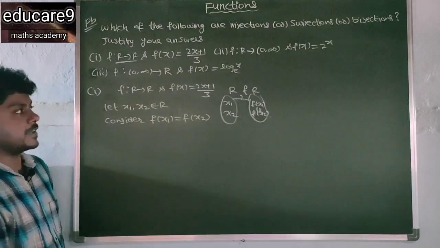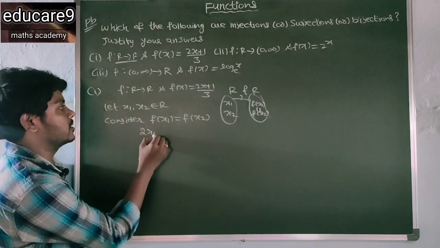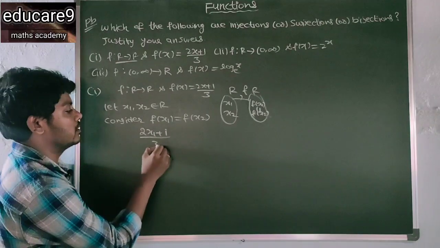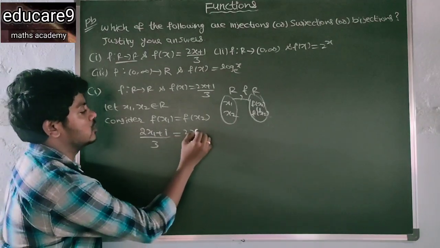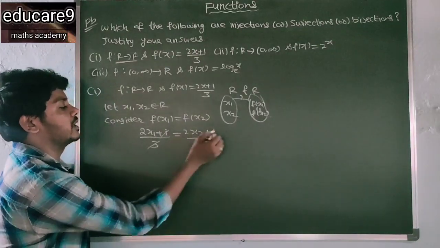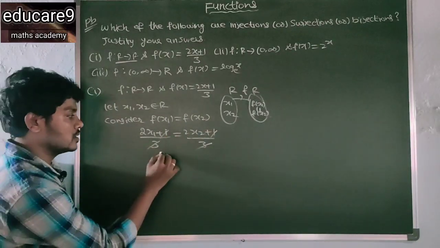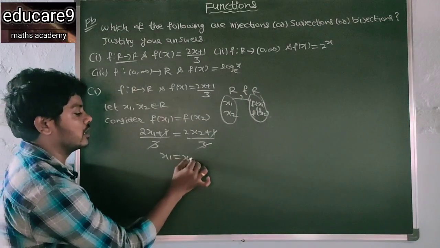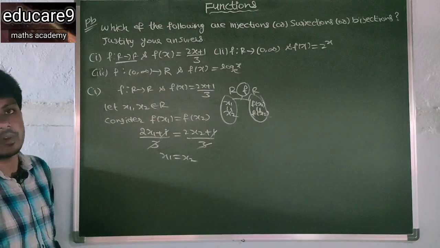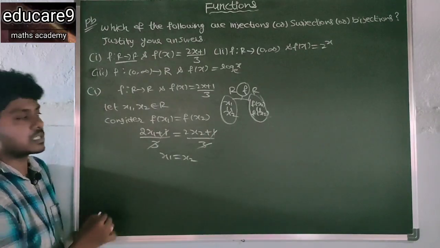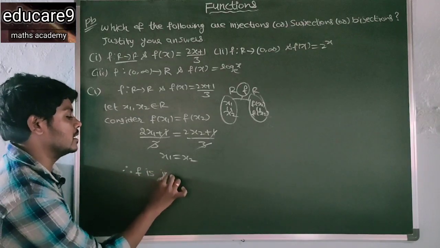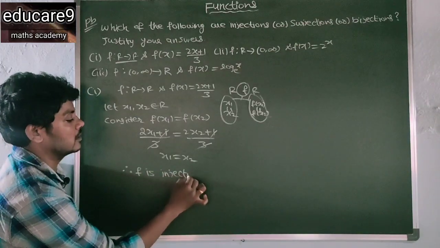So what is f of x1? (2x1 plus 1) by 3 is equal to (2x2 plus 1) by 3. So 3 and 3 cancel, 1 and 1 cancel, 2 and 2 cancel. So what you get? x1 is equal to x2. Then clearly f is said to be one-one, that is injection. So therefore f is injection.